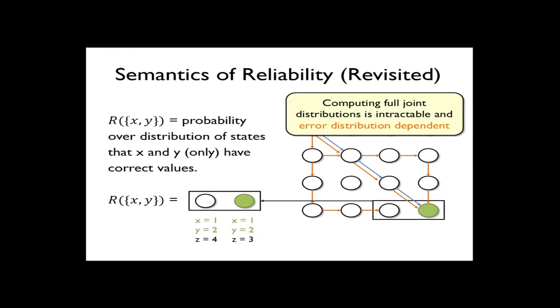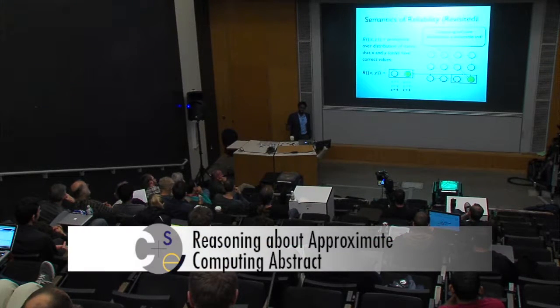And in fact, if you wanted to compute these, it would just be intractable. And even more concerning at this point, when we're trying to figure out where we can pivot and target hardware directions, is that it would also be error distribution dependent. But what we found is that you can sidestep this issue. And it's based on this observation.